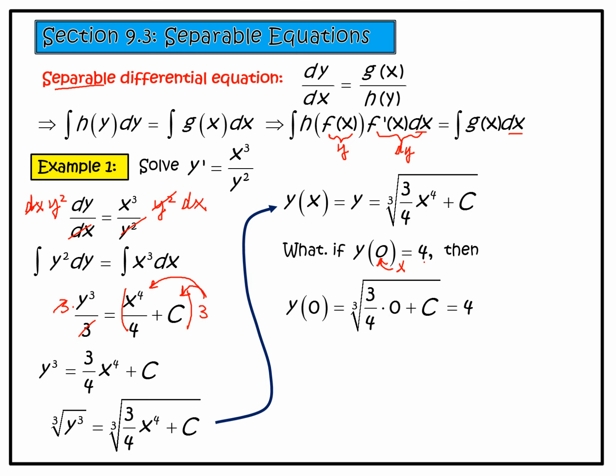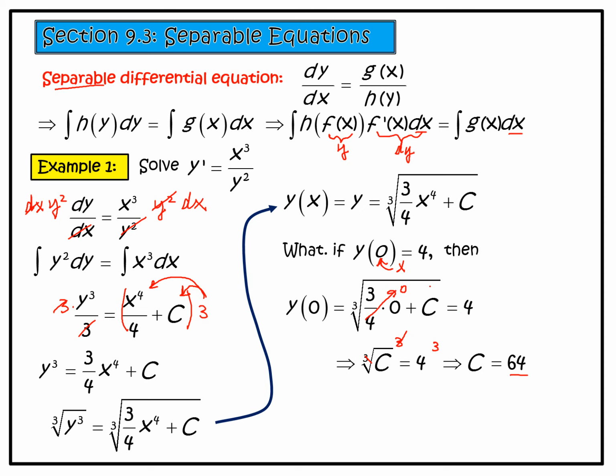Well, 3/4 times 0 is 0, so this is actually the cube root of c. That tells us the cube root of c is equal to 4, and then we cube both sides, and the cube and the cube root undo each other, so we're left with c equals 64.